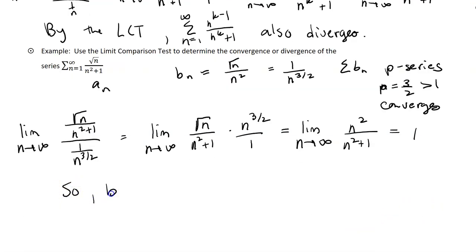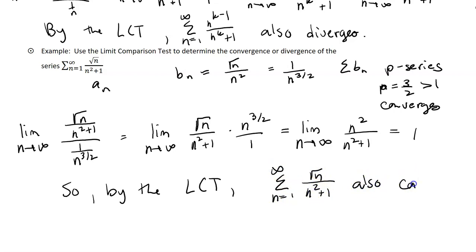So by the limit comparison test, the sum from 1 to infinity of a sub n also converges.